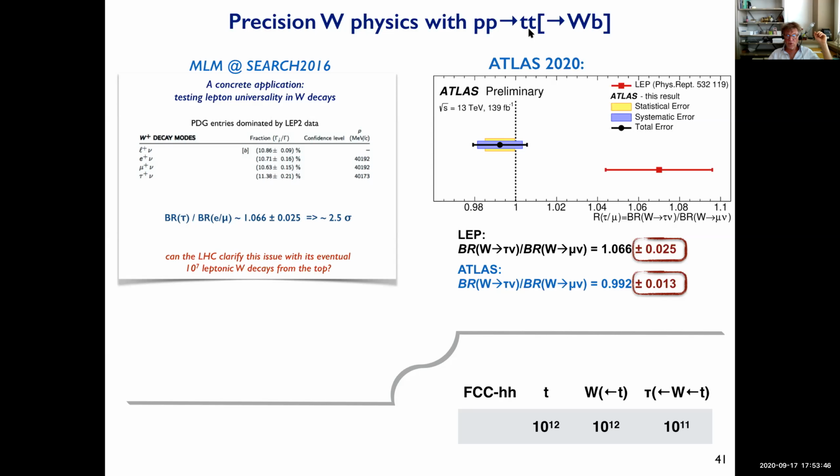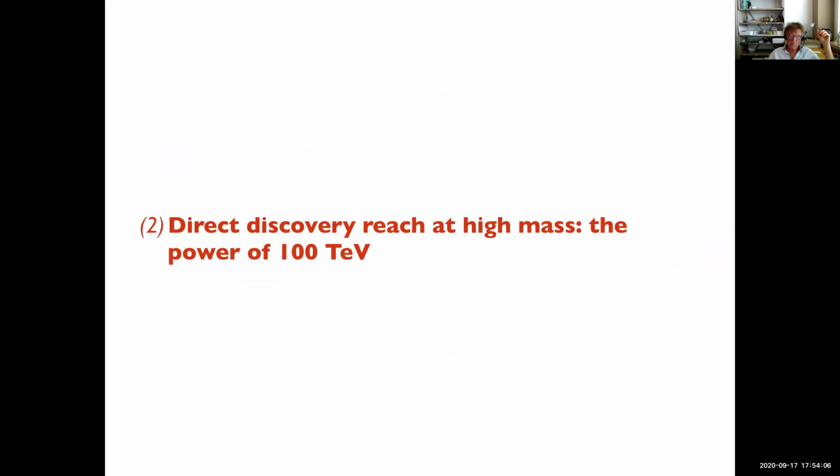Using the W's in top decays, of which there are plenty in ATLAS, and there will be at least 100 times more, in fact much more at the FCC, it was possible to prove that, within less than 1 sigma, universality is established in W decays.